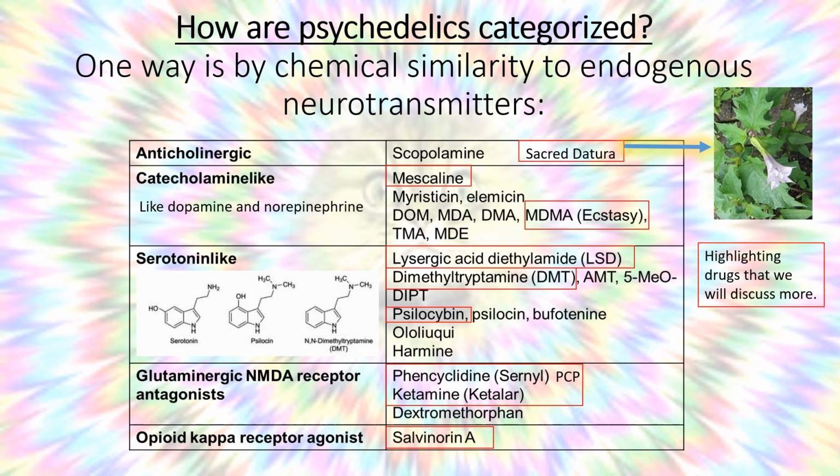All right, moving on. Then we have our classic psychedelics. There are the serotonin-like psychedelics. They look a lot like serotonin. So if you look at psilocin or DMT, which are two classic psychoactive substances in the serotonin-like category, they look a lot like serotonin. Here we go, I should bring out the pointer.